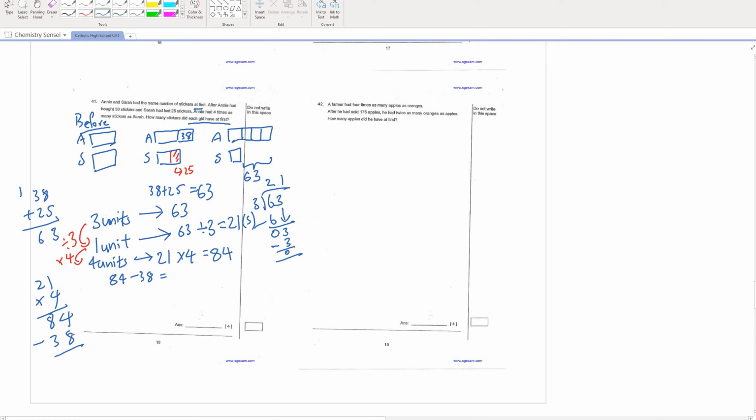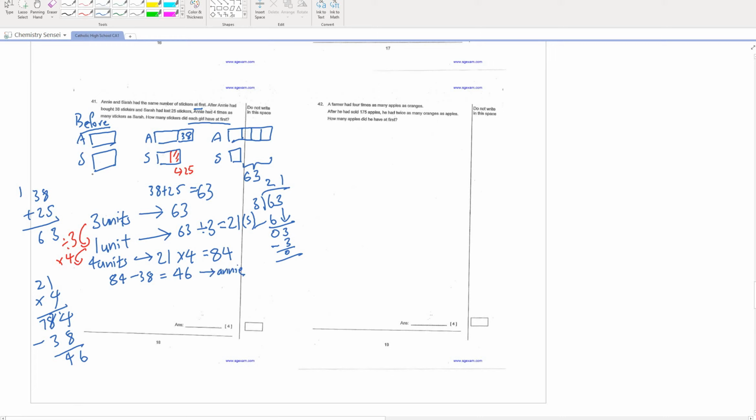As 4 cannot minus 8, we need to borrow 1 from here, to make the numbers become 14. So 14 minus 8 is 6. 7 minus 3 is 4. So at first, Annie had 46 stickers.